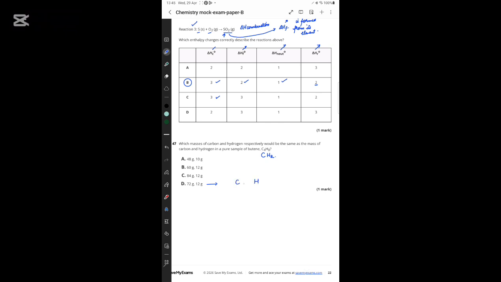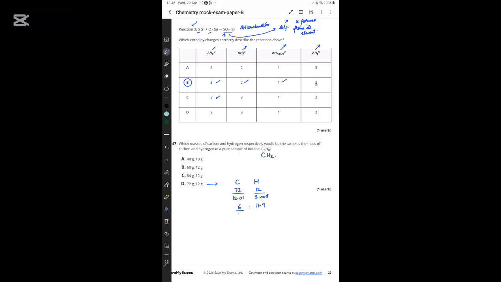Carbon and hydrogen, we have 72, we have 12. First we are going to find the moles, so I'm going to divide with the molar mass, that is 12.01, and for hydrogen that is 1.008. Answer comes out to be 6 ratio 11.9.